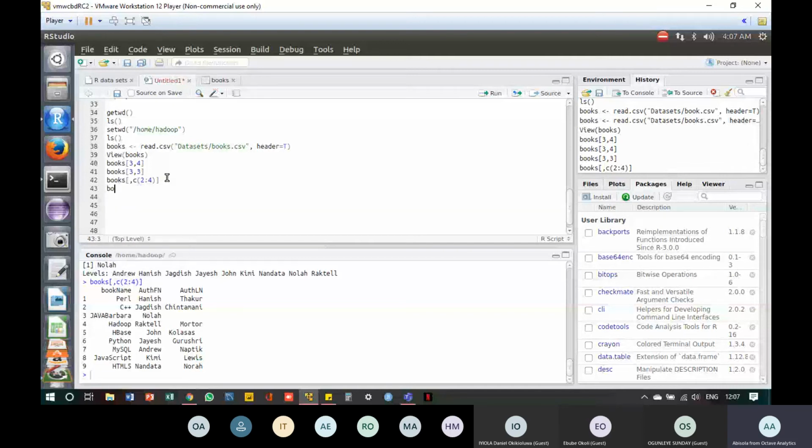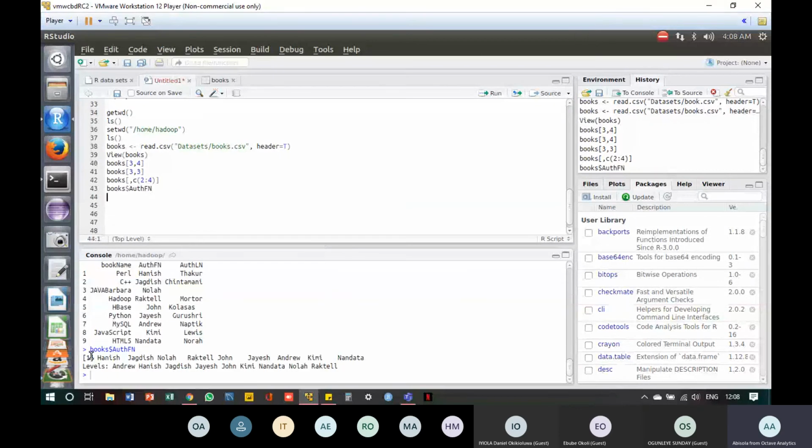Books$AUTHFN. So it gives me in form of a vector the column AUTHFN, which you can see here. So that is what the $ sign does. So that is subsetting with the $ sign.